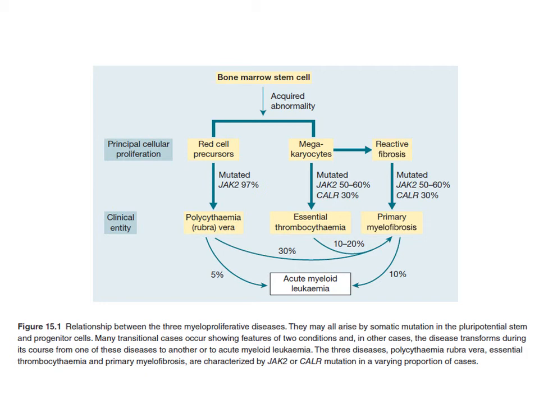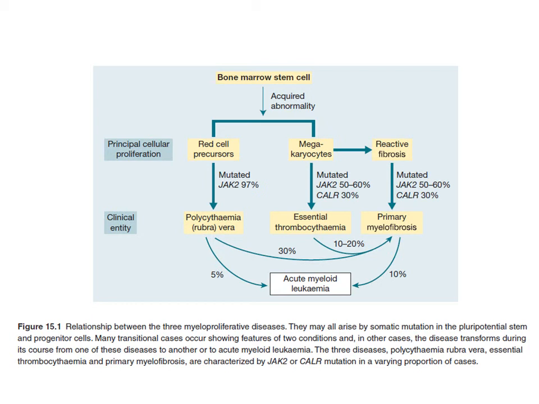Other cases may have CALR mutation in 30% of the cases, and this will result in excessive production of platelets. This is essential thrombocythemia. 10 to 20% of these cases can again go to a spent phase, and the picture will resemble idiopathic myelofibrosis.